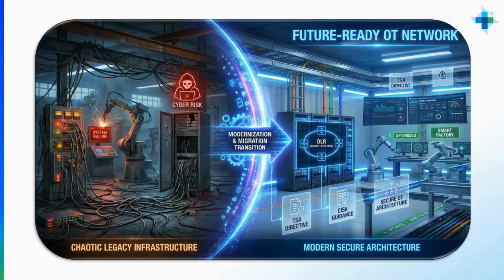By migrating from a flat, unmanaged infrastructure to a CPwE-aligned segmented network with managed switches and resiliency architectures like DLR ring topologies, organizations can reduce downtime, improve visibility, and build OT networks that are secure, compliant, and ready for the future of industrial connectivity.